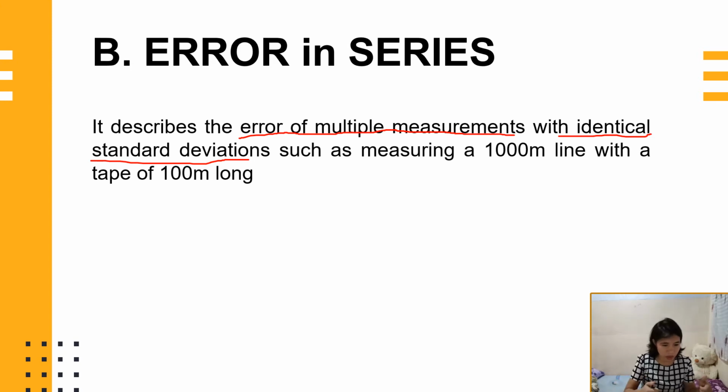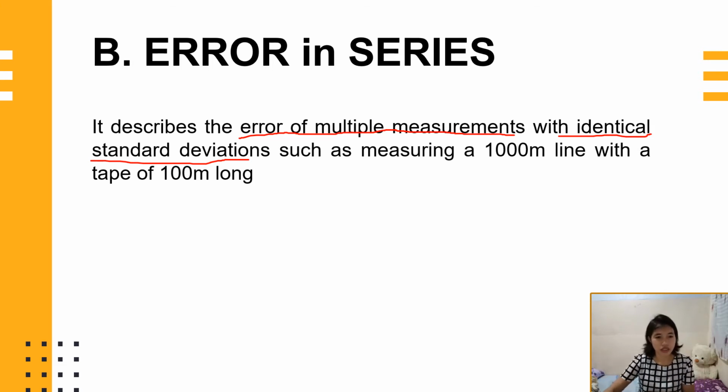Bali, yung 100 meter na tape, 10 times mo siya ginamit to measure that 1,000 meter. What if yung tape na 100 meter, may error siya na 0.20? So, which means, yung 0.20, 10 beses mo siya ginamit. So, identical yung standard deviation, hindi siya nag-change all throughout. So, 0.20, 0.20, that is 0.20 times 10.